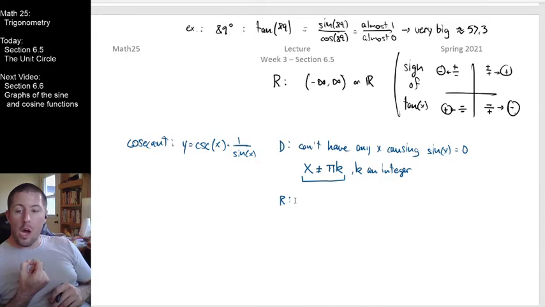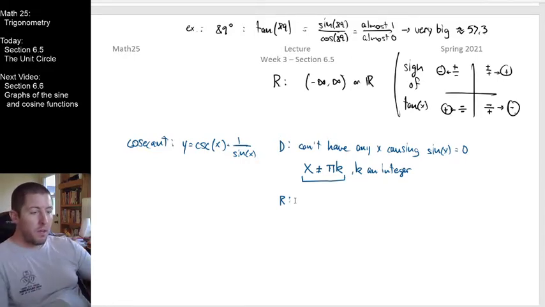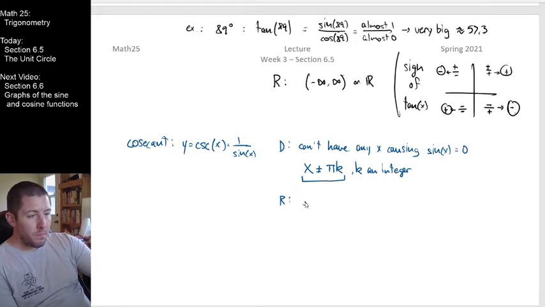When we do things like 1 over 1/2, that gives us 2. Right? So I'm going to say sine of x is always going to give us outputs between -1 and 1.